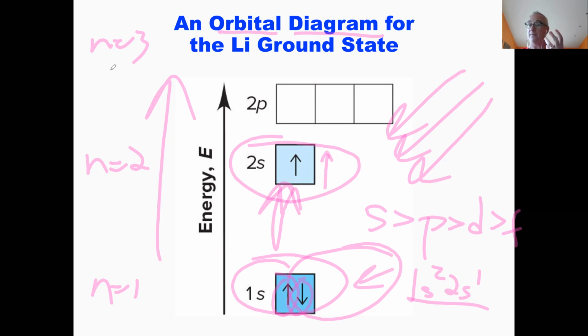The orbital diagram is really useful when we're looking at how its electrons are being shared with another element for a covalent bond, or how its electrons are being given away if it's a metal, or taken in if it's a non-metal, to explain how many and where they go. The electron configuration is pretty helpful, but the orbital diagram gives even more information. Any questions about the difference between an orbital diagram and electron configuration?